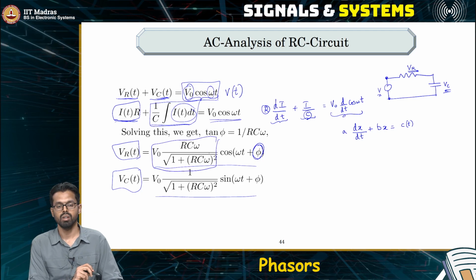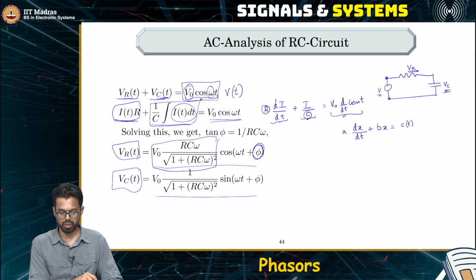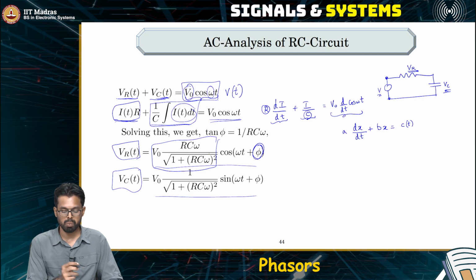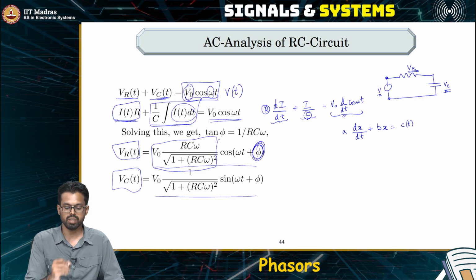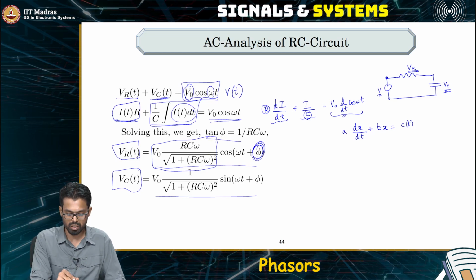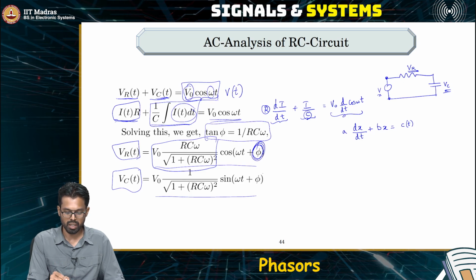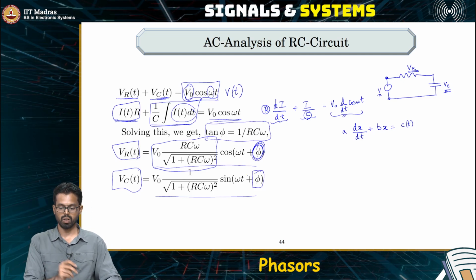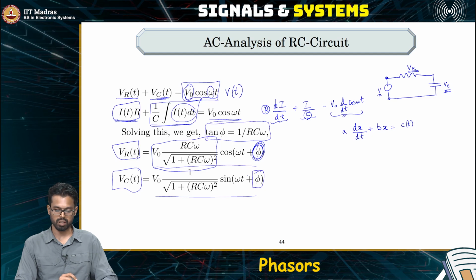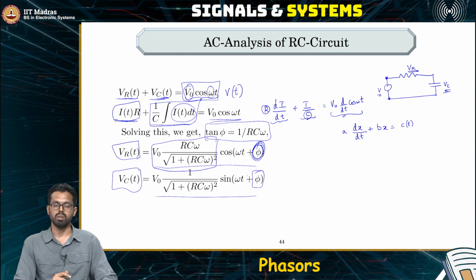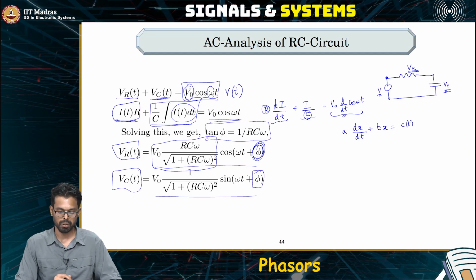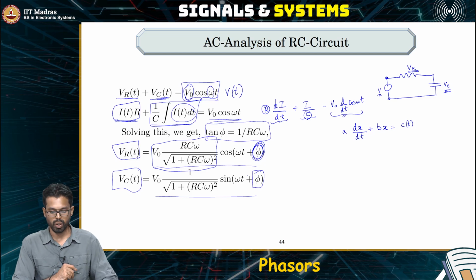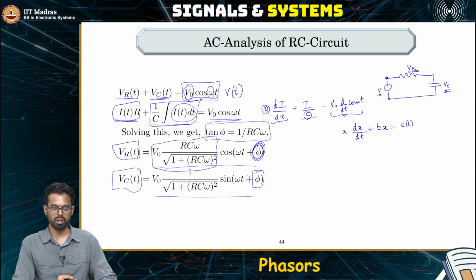That's expected. There is a resistance, so voltage will drop. But what is more important is there is a phase difference, and the phase difference is given by this value. Similarly, there is a phase difference along this capacitor also. Because there is an introduction of this capacitance, there is a phase difference that is observed between the input and the output. This is quite important, and this is what we wanted to model.